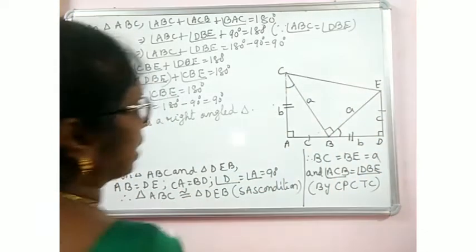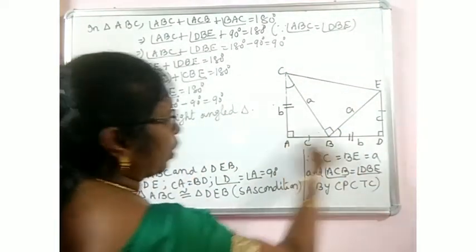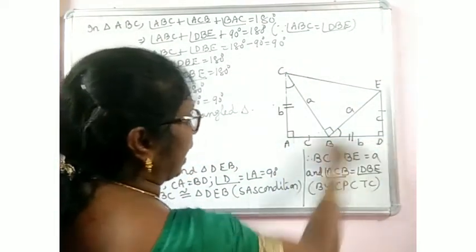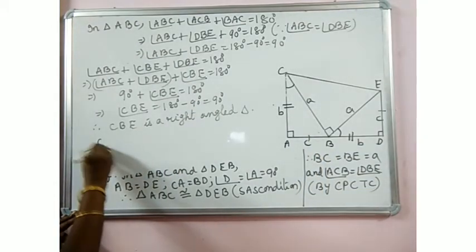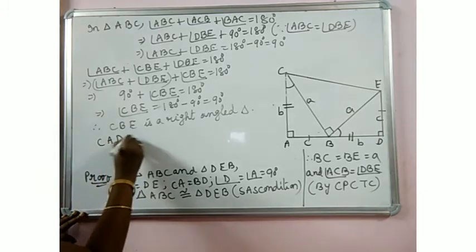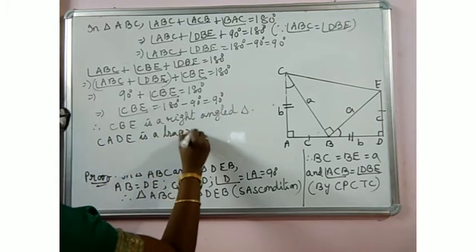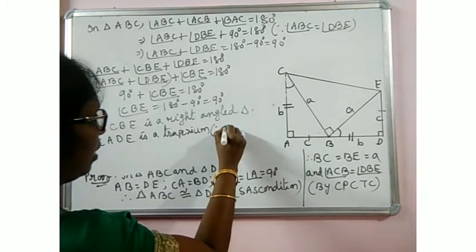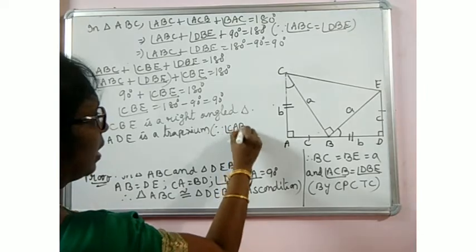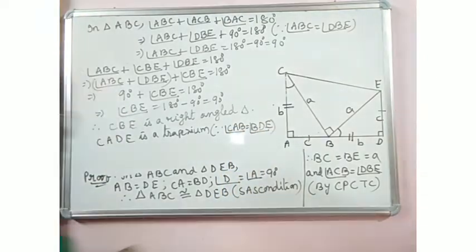CADE is a trapezium because CA is parallel to ED because these two are 90 degree, 90 degree. Okay? Let me write. CADE is a trapezium. Reason is angle CAB is equal to angle BDE. Now that is 90 degree.